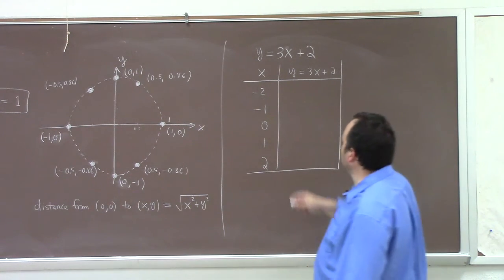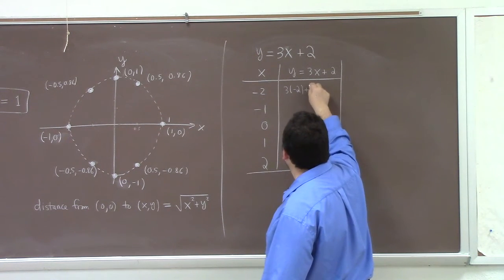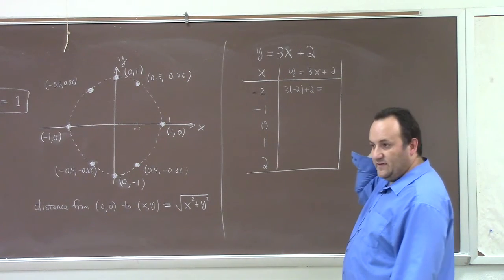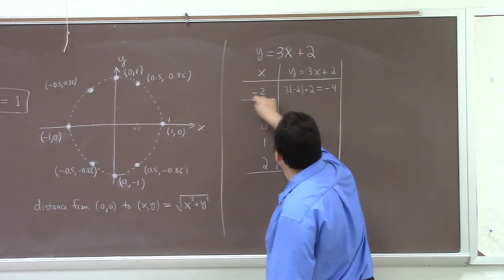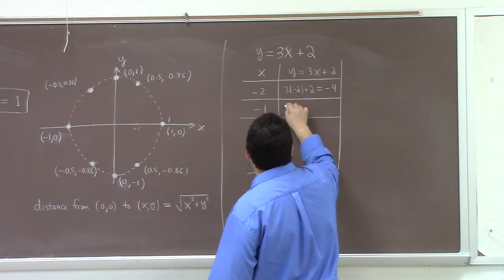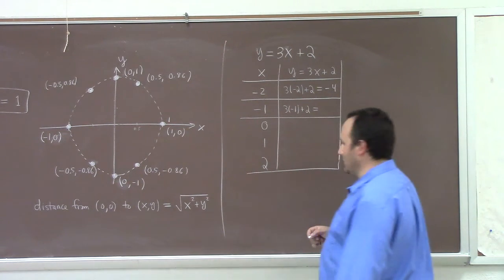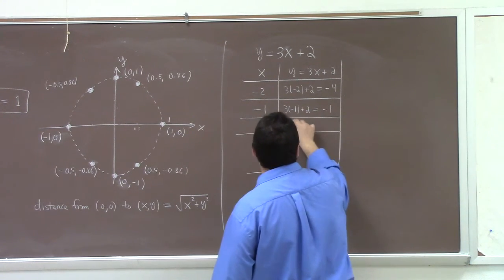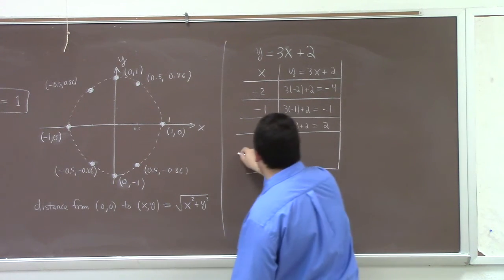So what do we get for 3 times minus 2 plus 2, which is what? Negative 6 plus 2, which is minus 4. Minus 4, very good. And then we got what? We got 3 times minus 1 plus 2, which is? Negative 1. Plug in 0, we get 2. What happens when we plug in 1?